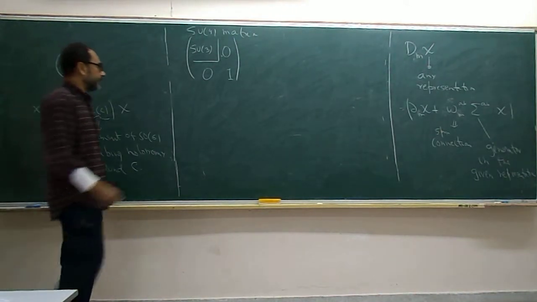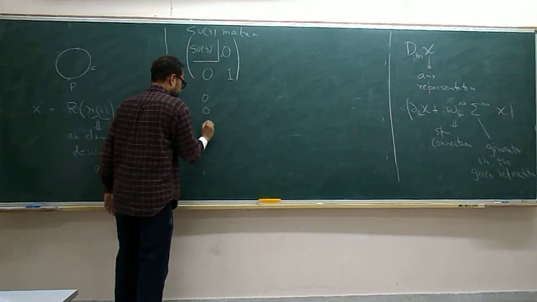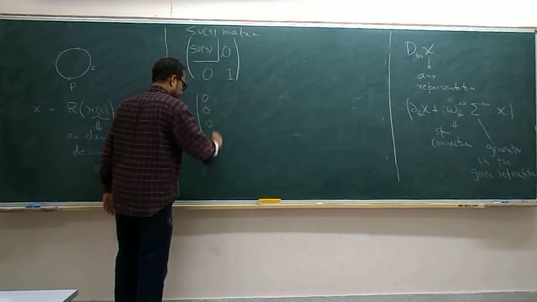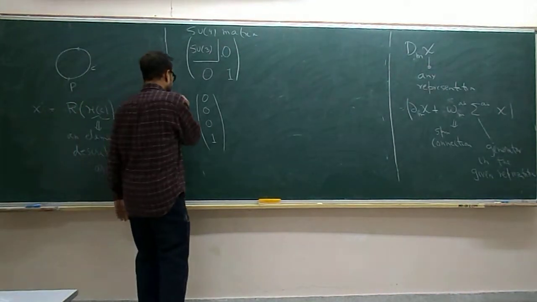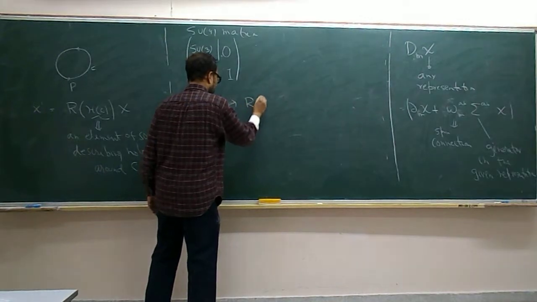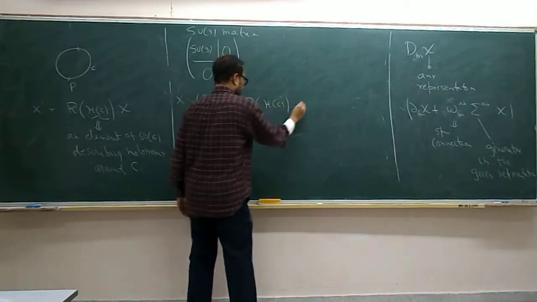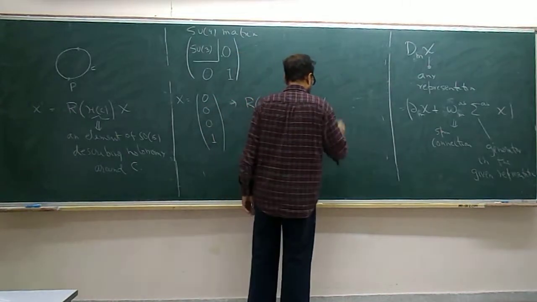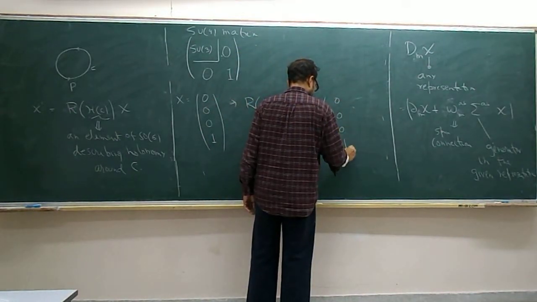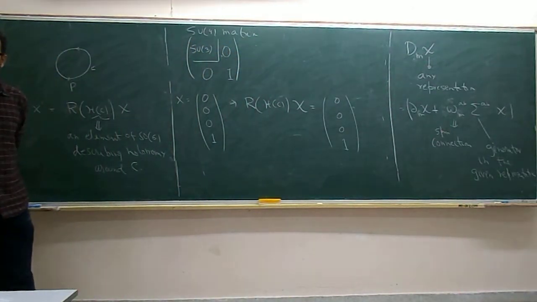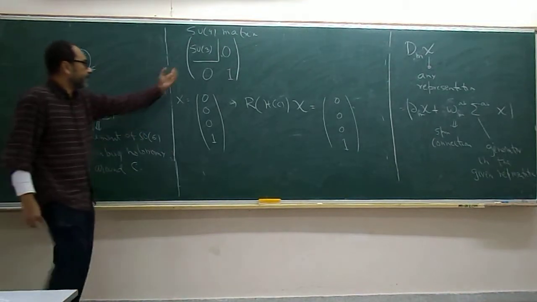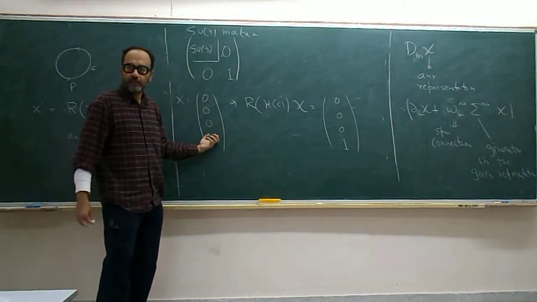Now this means that suppose the starting chi is along the fourth direction. Then R of H of C on chi is the same as chi, because the SU(3) matrix is here, and it doesn't act on the last component.